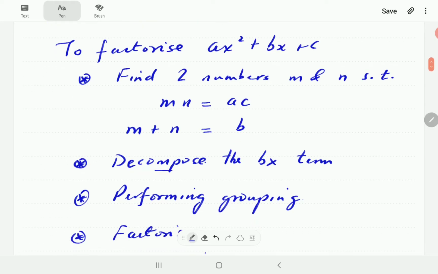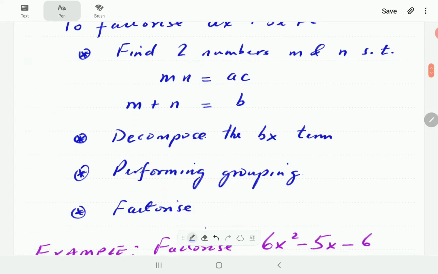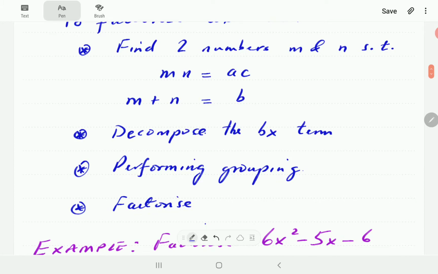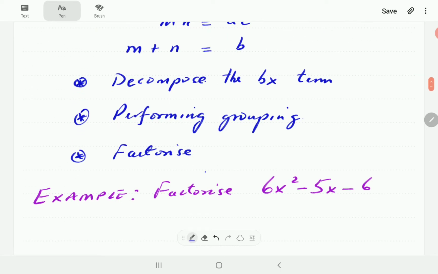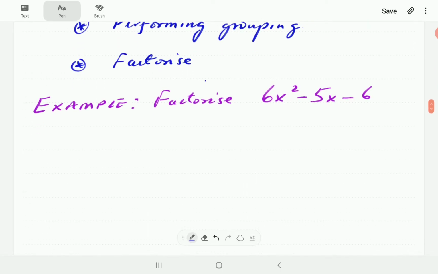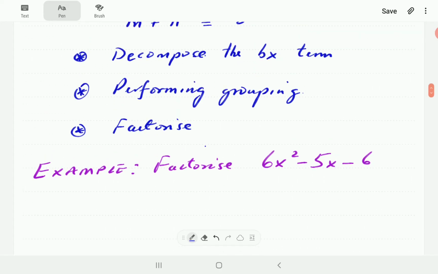Then after that we decompose the bx term, then we perform the grouping, then we factorize. So let's demonstrate with an example. Suppose we want to factorize 6x squared minus 5x minus 6.